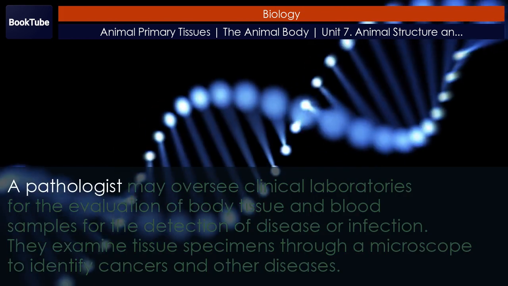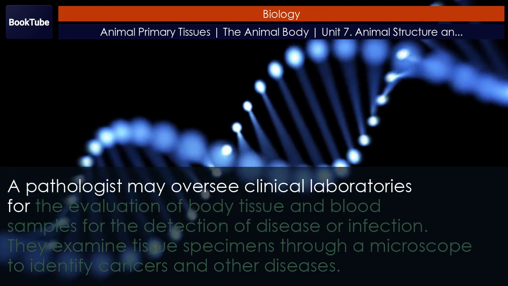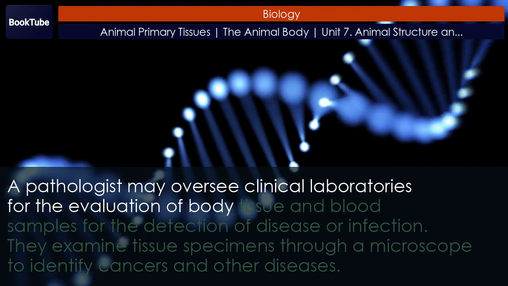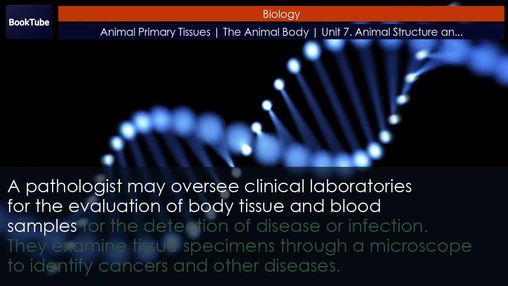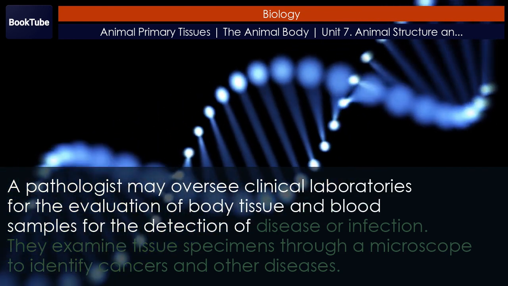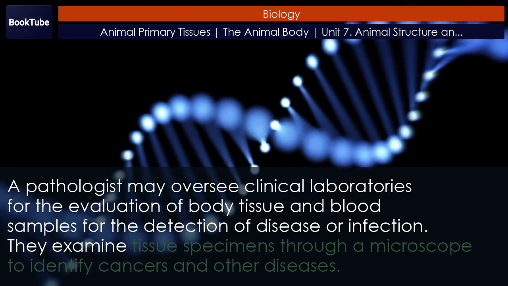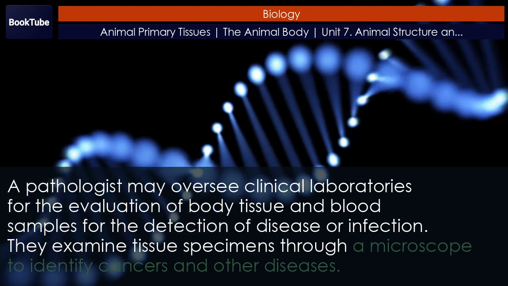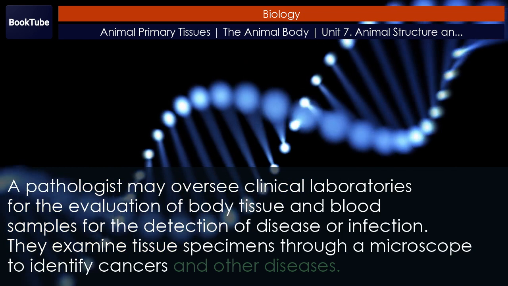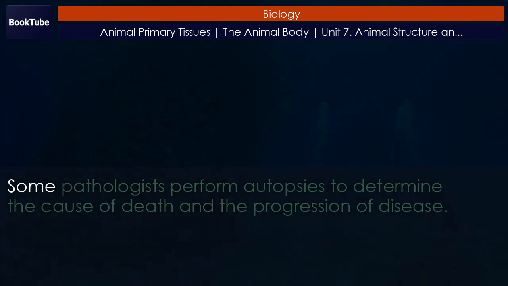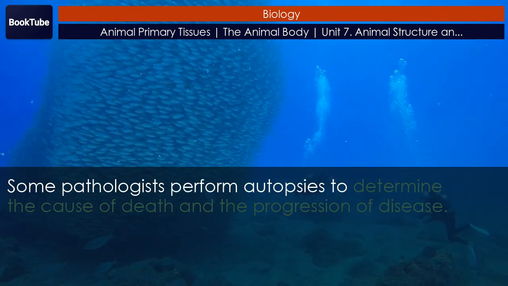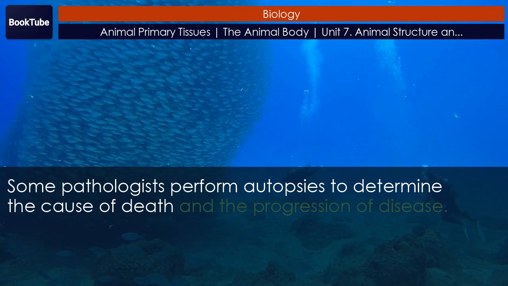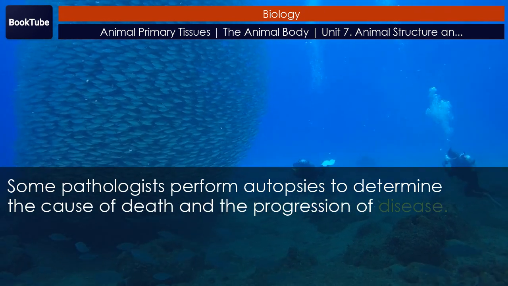A pathologist may oversee clinical laboratories for the evaluation of body tissue and blood samples. For the detection of disease or infection, they examine tissue specimens through a microscope to identify cancers and other diseases. Some pathologists perform autopsies to determine the cause of death and the progression of disease.